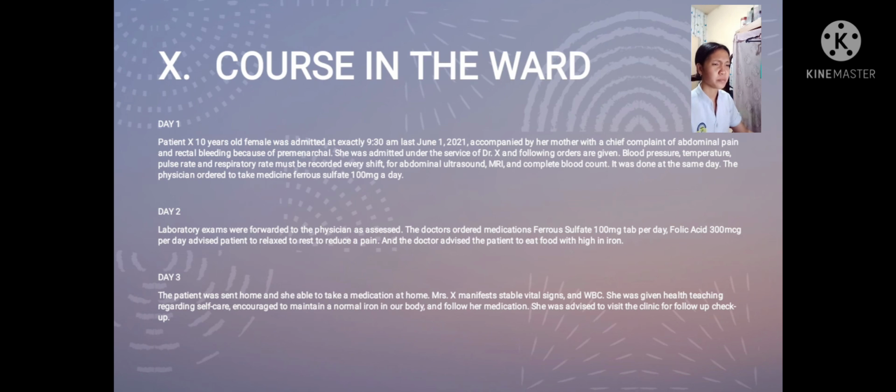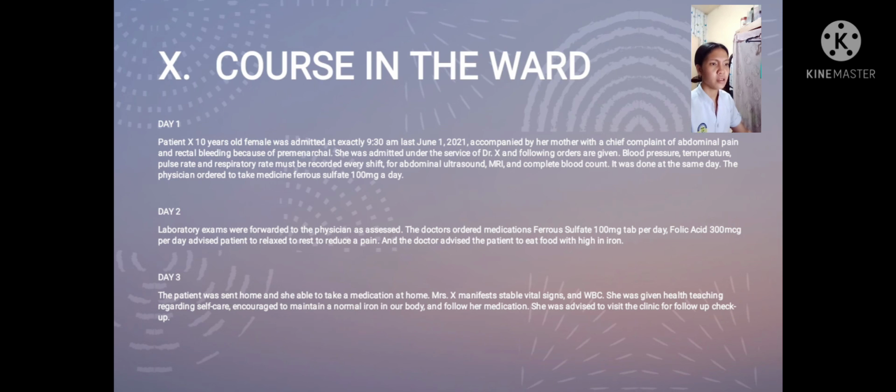Day 2: laboratory exams were forwarded to the physician. As assessed, the doctor ordered medication, ferrous sulfate 100 mg tablet per day and folic acid 300 micrograms per day, advised the patient to relax and rest to reduce the pain, and to eat foods high in iron.